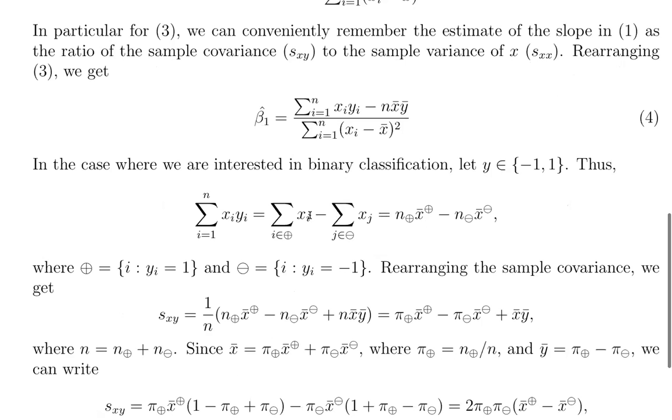This is basically just the number of plus classes multiplied by the mean of the plus class. You can see very clearly that this is the same as the sum of xi, because the mean is the sum divided by n plus. So you have this identity.